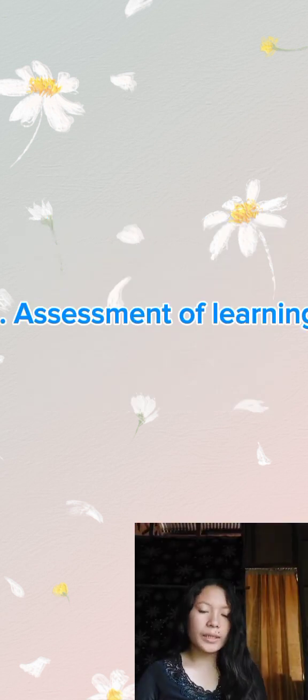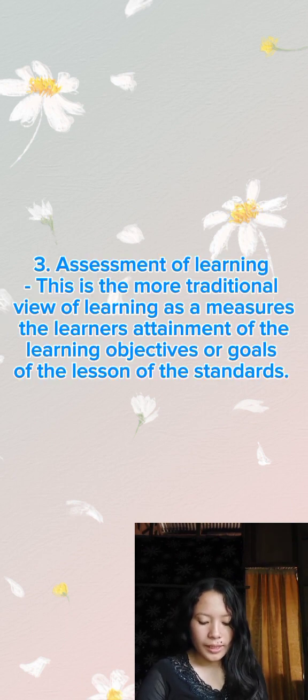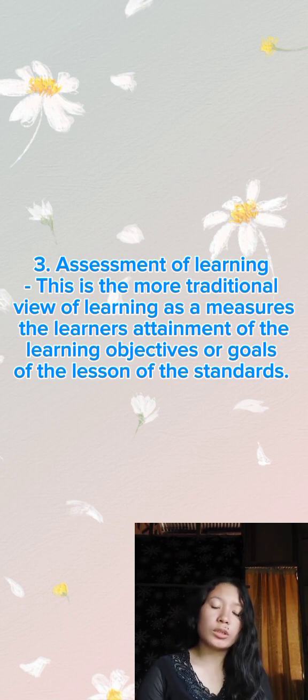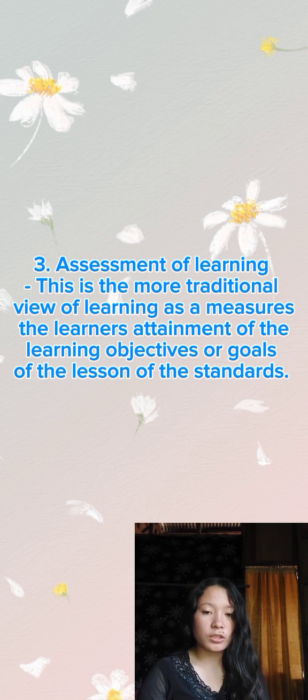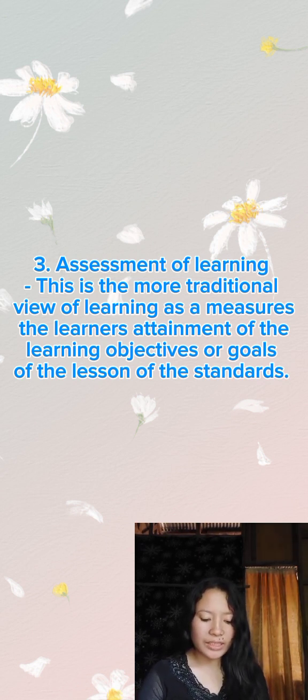And the last one is assessment of learning. This is the more traditional view of learning, as it measures the learner's attainment of the learning objectives or goals of the lesson or of the standards. Assessment of learning is sometimes referred to as summative assessment, or after the assessment was implemented.